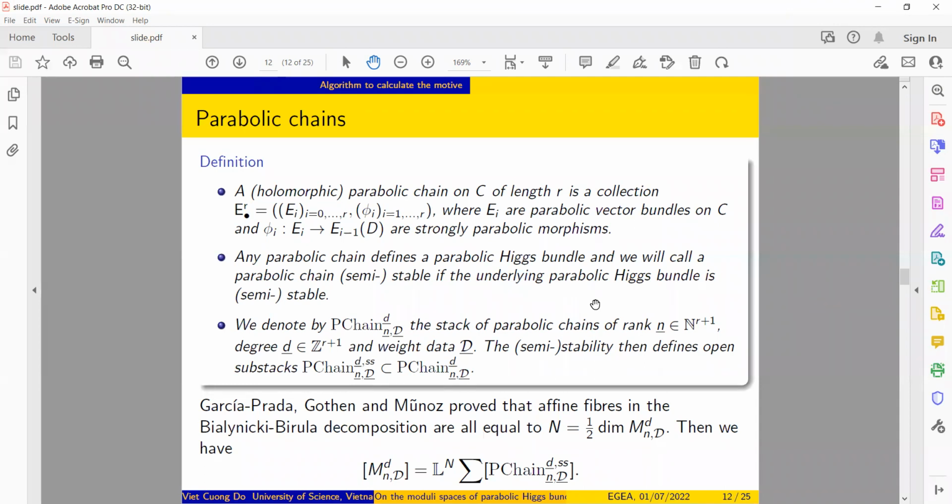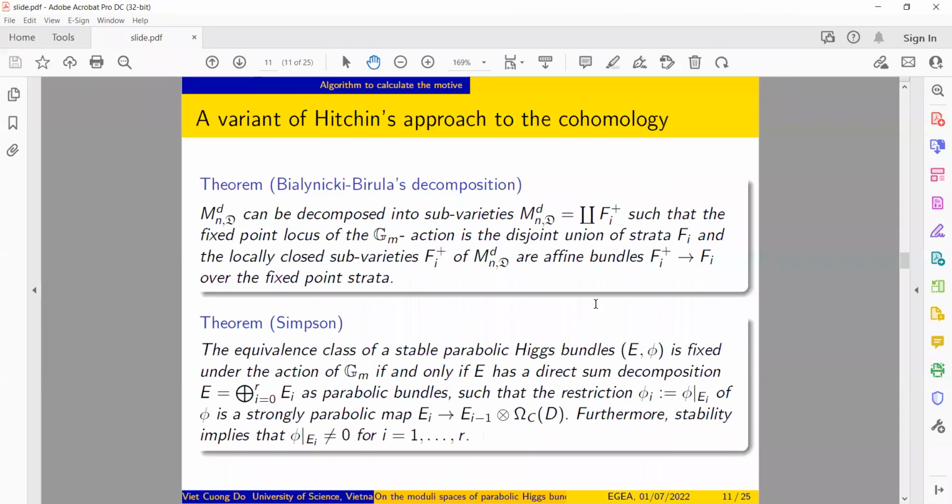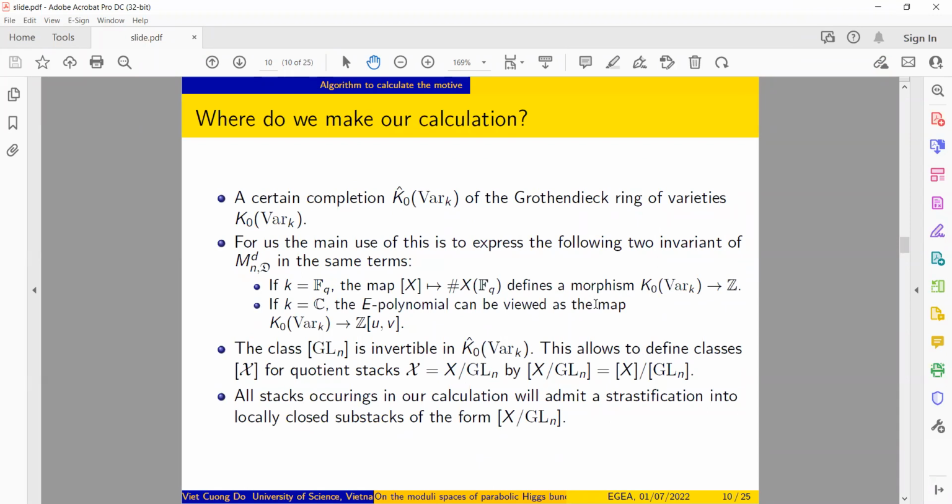I come back to where we make our calculation. I said here that K0 hat is some kind of modification of the Grothendieck ring of varieties. It's not really the Grothendieck ring of varieties, because I want to have this formula.